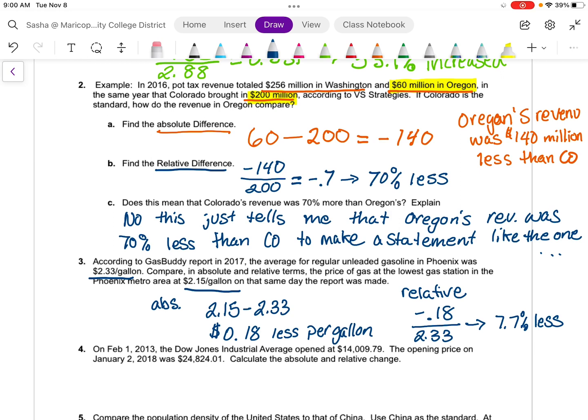So the lowest cost gas was 7.7% less per gallon than the average.